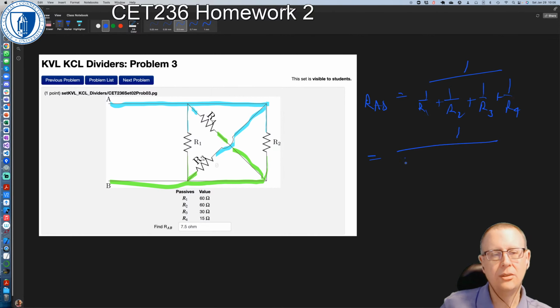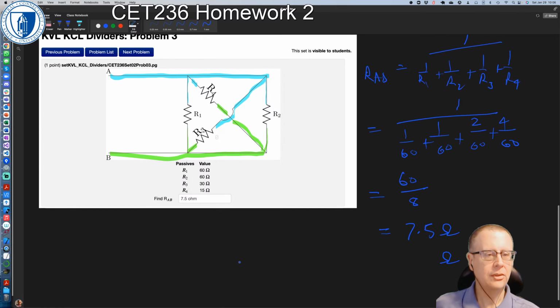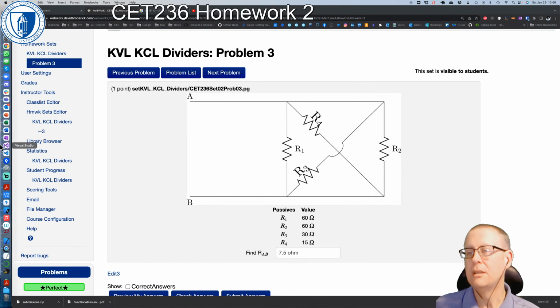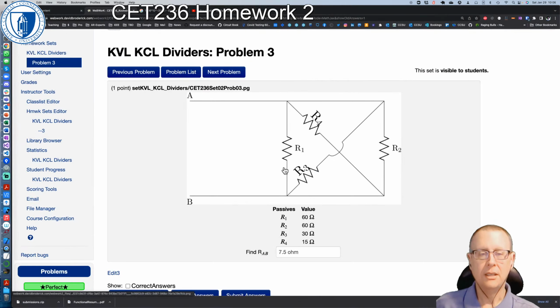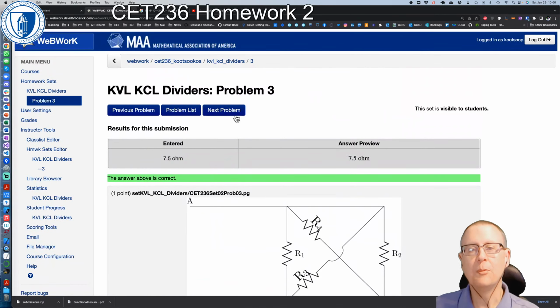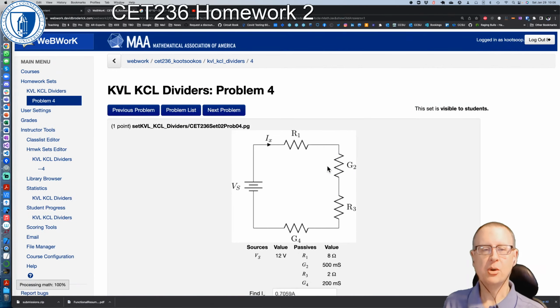So just quickly, which is 7.5 ohms, and it's died again. And let's just check that I still have the right answer. I think it's still right. Yep. So let's go to problem 4.